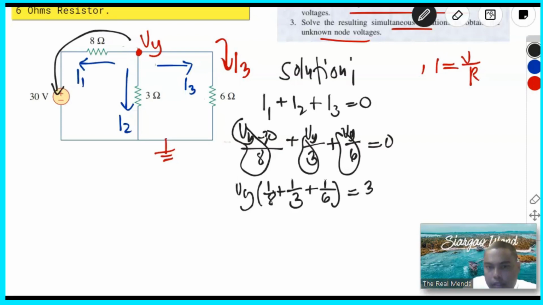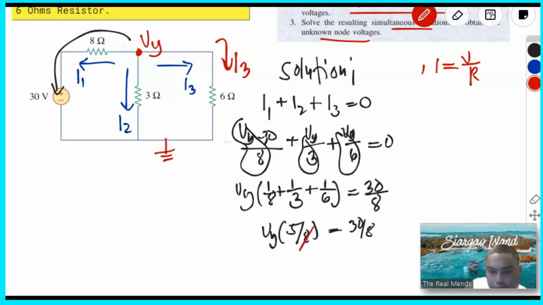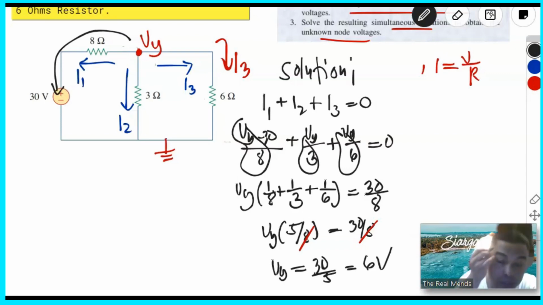That gives us 30 over 8. And then adding 1 over 8 plus 1 over 3 plus 1 over 6, that is 5 over 8, equals 30 over 8. And then we can cancel out this denominator 8, so we have VB equals 30 over 5, and that gives us 6 volts. Okay, so very short solution.